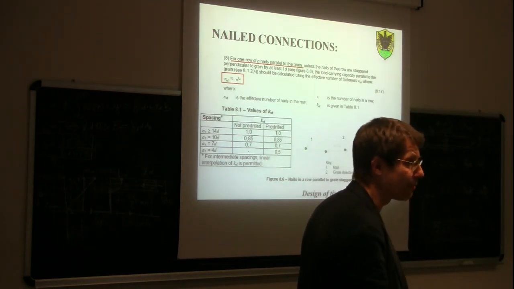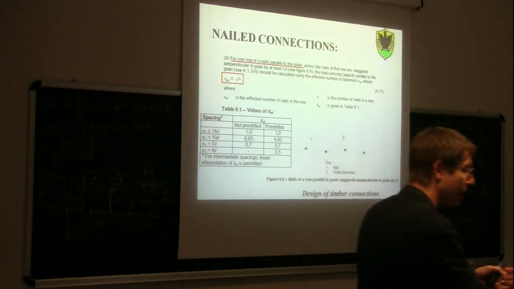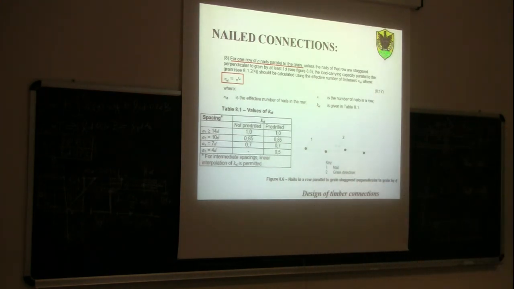Remember before we said that we need to take some minimum spacing and distance of the nails from the edge, because otherwise some of those brittle failure modes, like splitting, may occur. So the regulation says we can't have a smaller spacing than 7 diameters, because otherwise we will get splitting, and then the equation won't provide a conservative estimation of the actual failure. Okay?